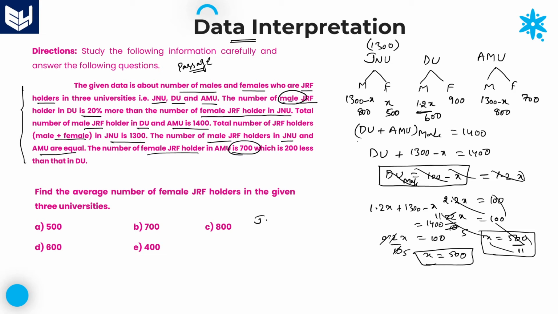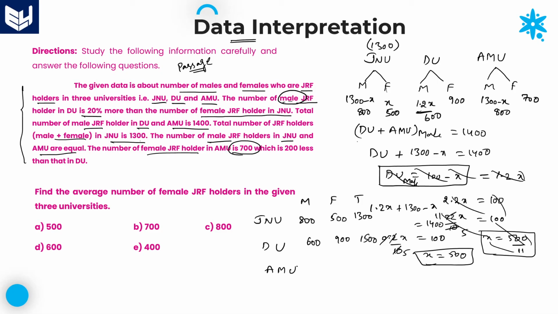Here we have JNU, DU, and AMU, and male, female, total. JNU male 800, female 500, total 1300. Next DU male 600, female 900, total 1500.